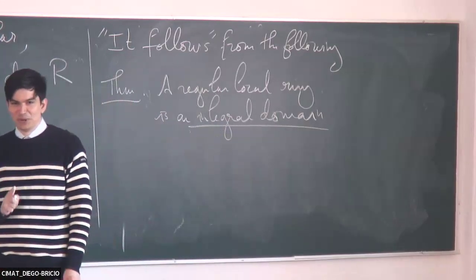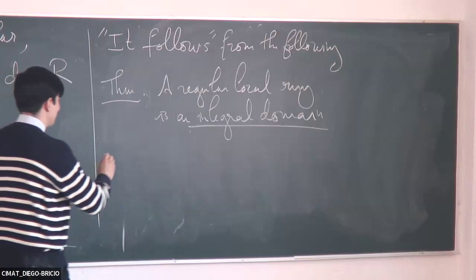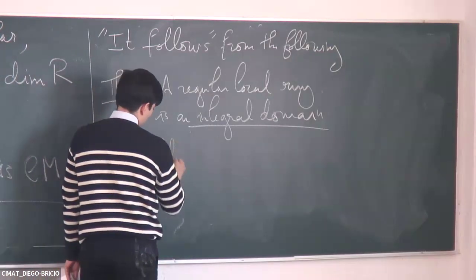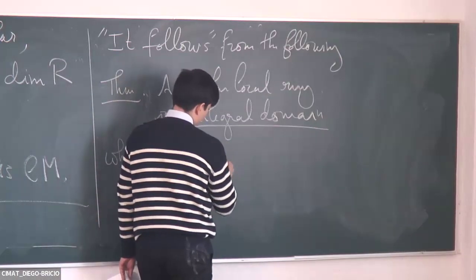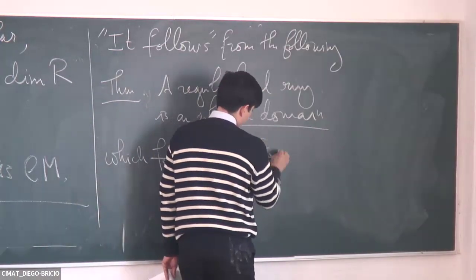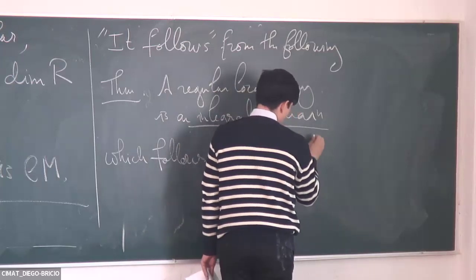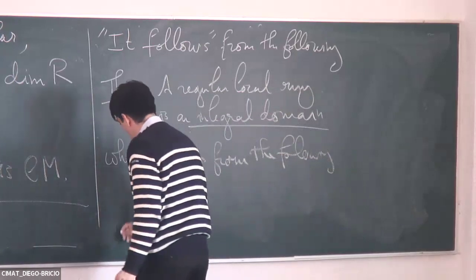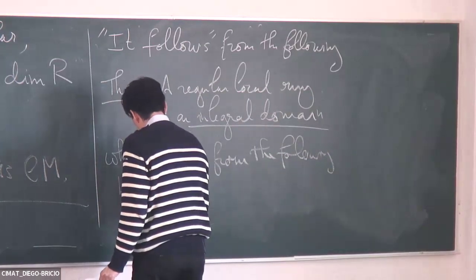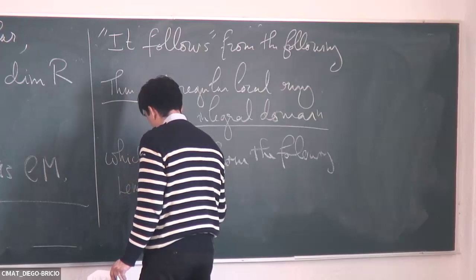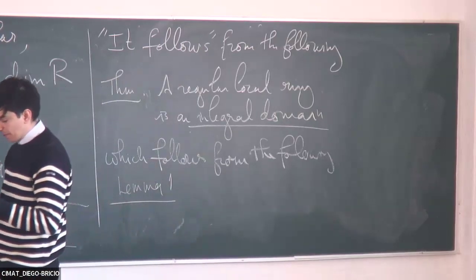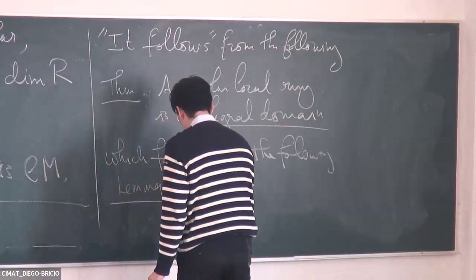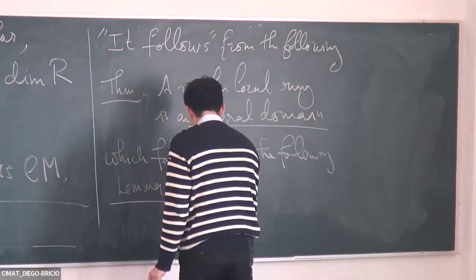And this follows from two more lemmas that are very important. So I need two lemmas. Well, I just need one of them. But I'm going to be using this lemma so much that I'm going to write it down here.